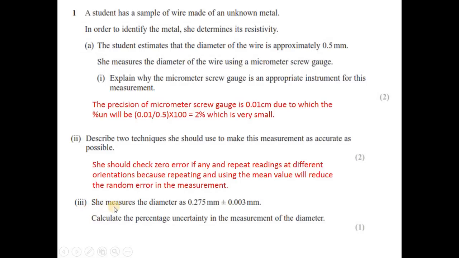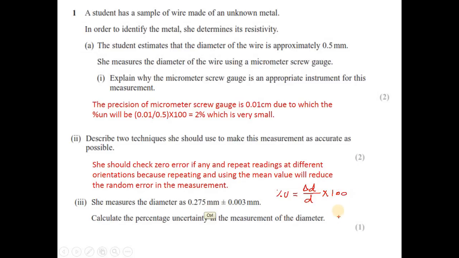Part 3. She measures the diameter as 0.275 millimeter plus minus 0.003 millimeter. Calculate the percentage uncertainty in the measurement of the diameter. So percentage uncertainty is uncertainty delta D divided by measured value D multiplied by 100.